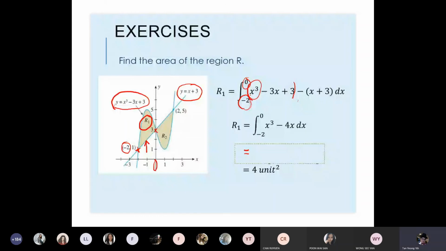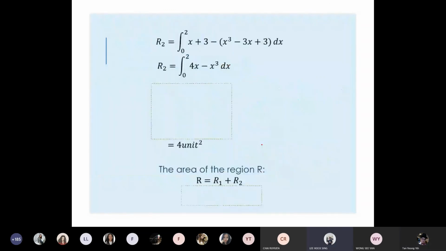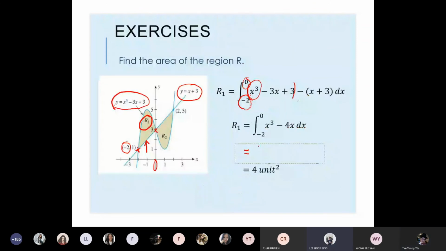Okay, Hock Sing, can you help me to integrate here? When we integrate, what happens to the power?